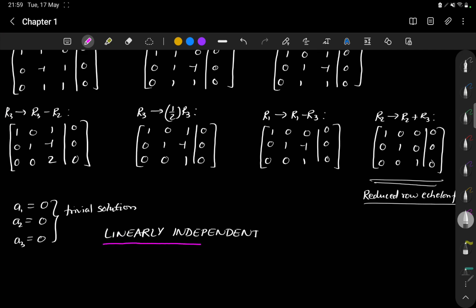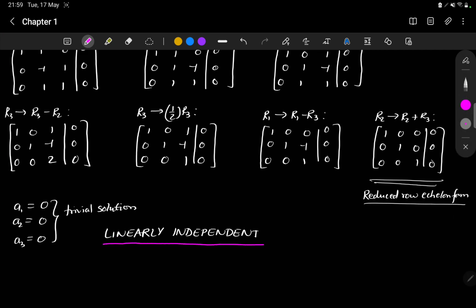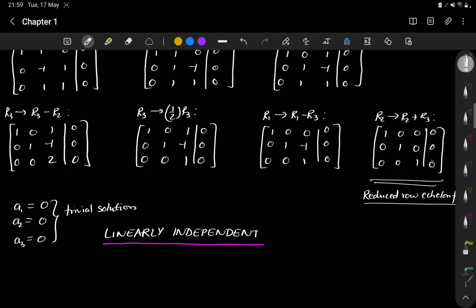So we have completed this question. We had to show that the first set of vectors is linearly dependent and the next set of vectors are linearly independent. So these were two videos on linear independence and linear dependence that we saw.